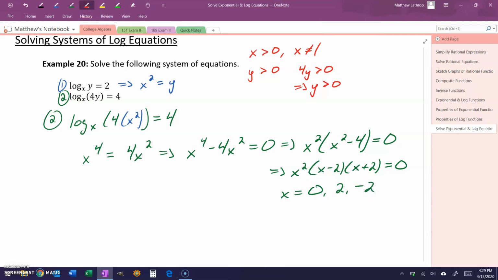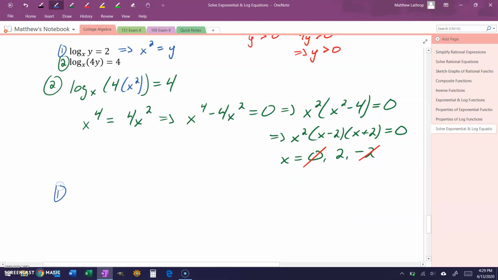When we look back at those restrictions we set up though, x has to be greater than 0 and can't be equal to 1. So we throw out x equals 0 and negative 2, leaving us with only a single valid solution for x, which is x equals 2.